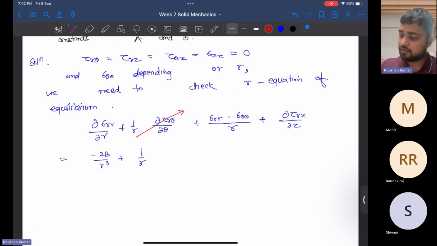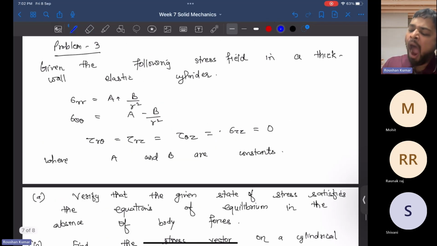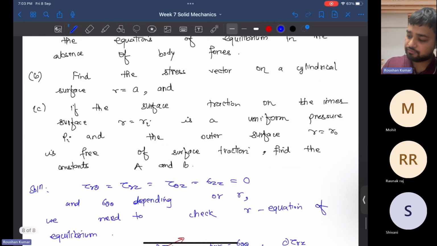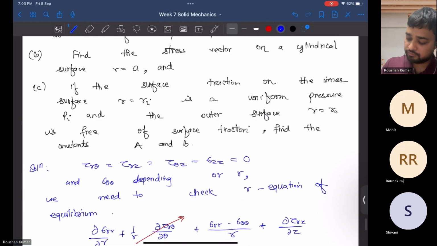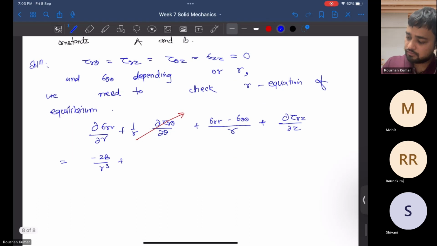Sigma rr minus sigma theta theta upon r is basically 2b upon r cube. So this is also 0, and the equation of equilibrium is satisfied.